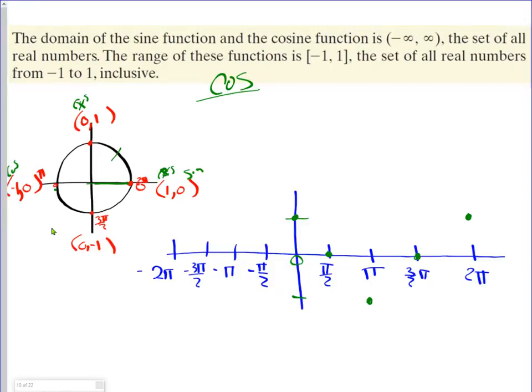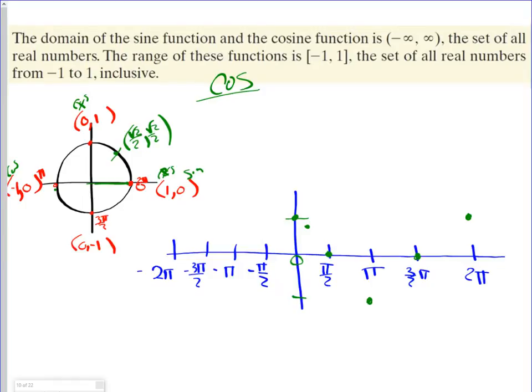Can someone do that in your calculator? 0.707. So right about here, maybe right there? Let's go with that. You guys close enough there?